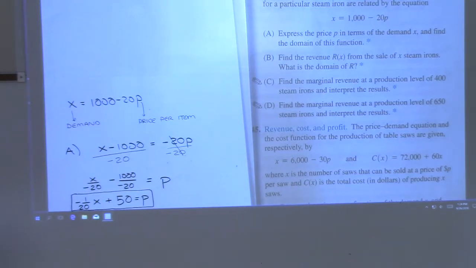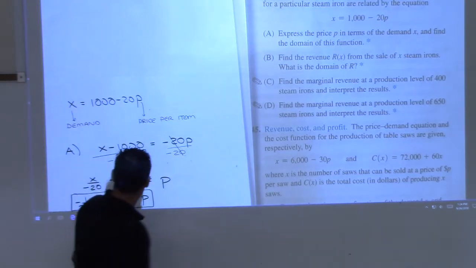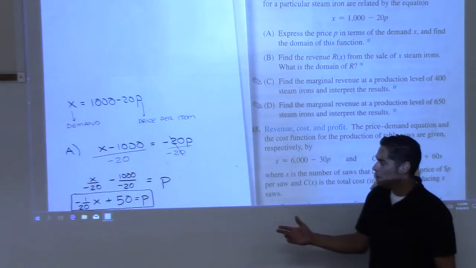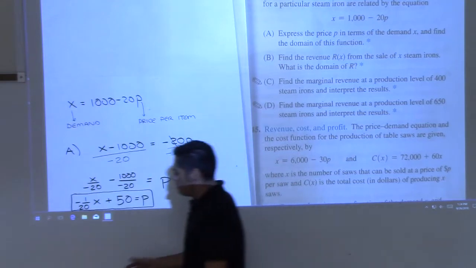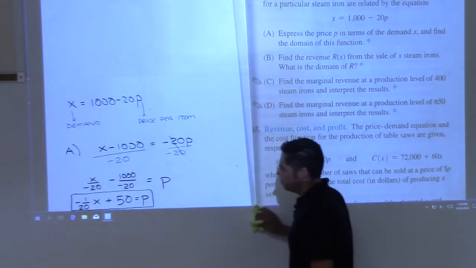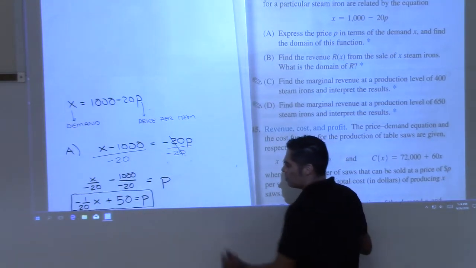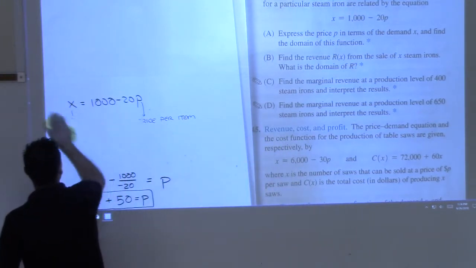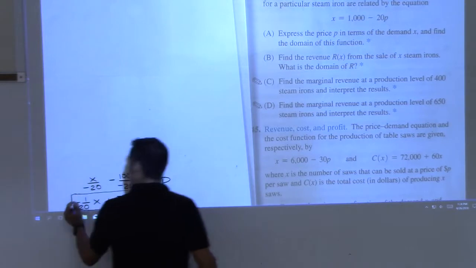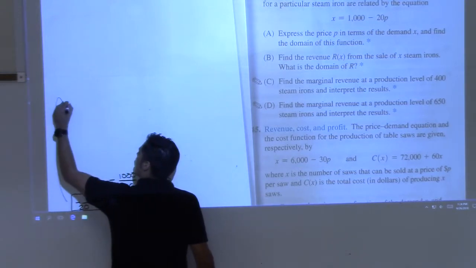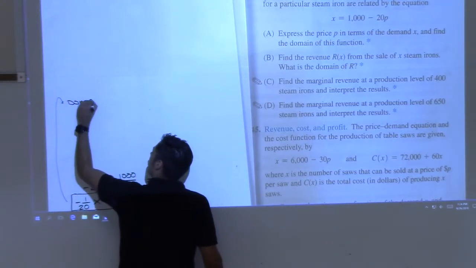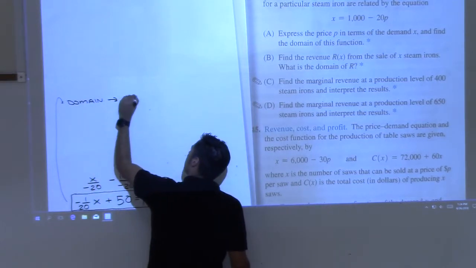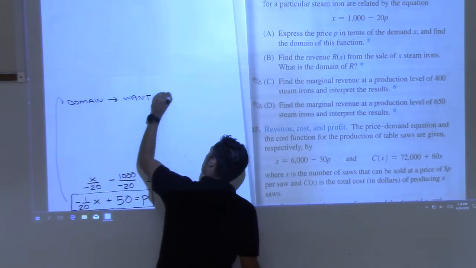So how do we guarantee that our price is not negative? Make it greater than 0. Yeah, so let me erase this up here. To finish off and talk about the domain, I want price to be greater than 0.